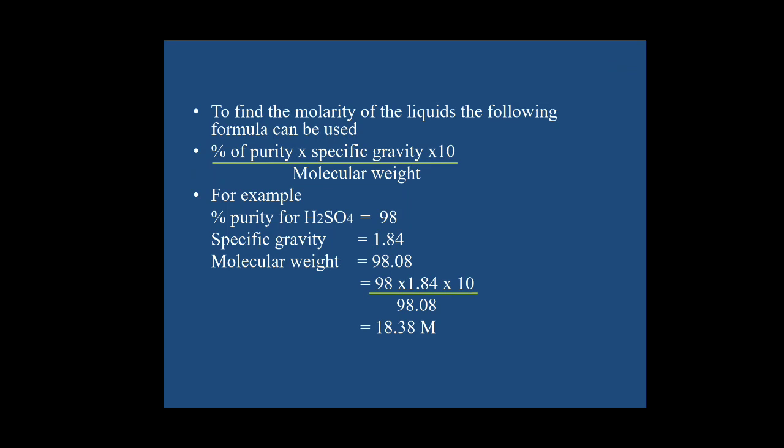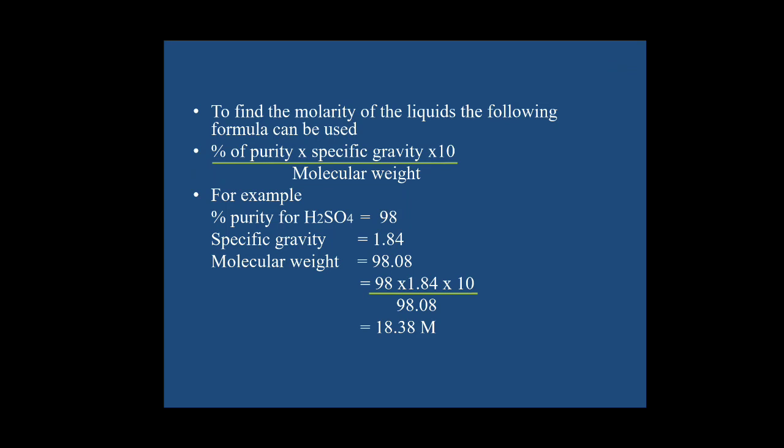And for the liquids, I told the formula is different. Molarity of liquids is calculated by the formula percentage purity into specific gravity into 10 divided by molecular weight. This is the formula we have to use if we are using liquids.